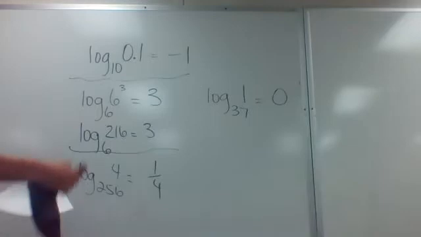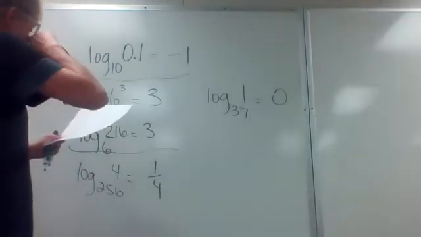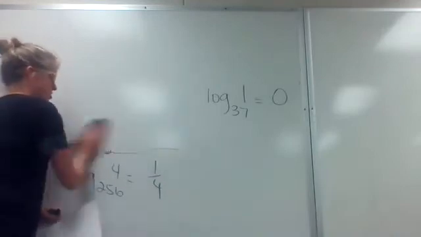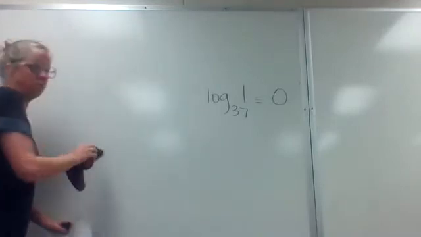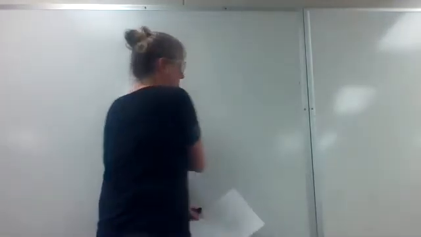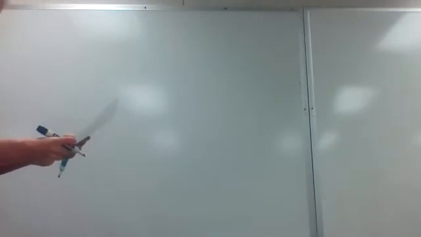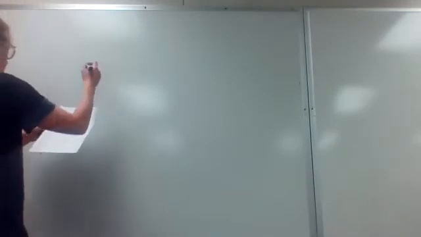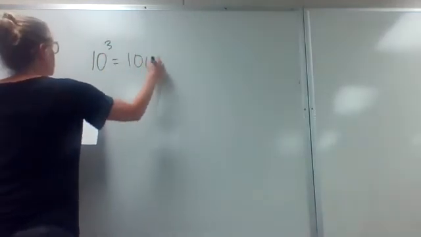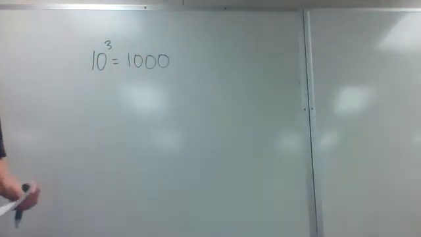All right, 10 and 11, we are going to be given an exponential equation and asked to turn it into the logarithmic equation. Convert to a log equation. 10 to the 3rd power equals 1,000.